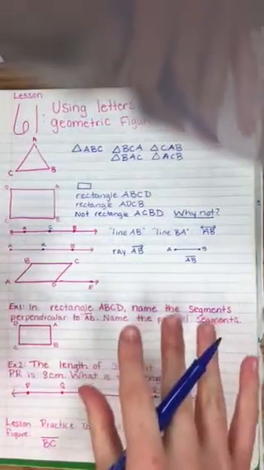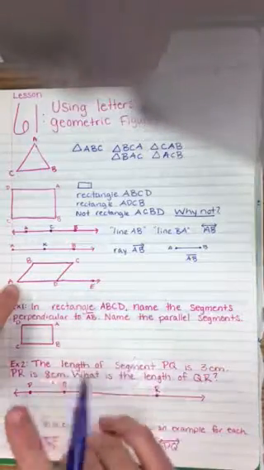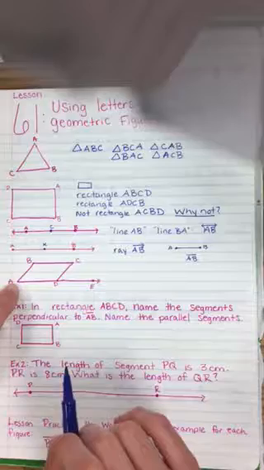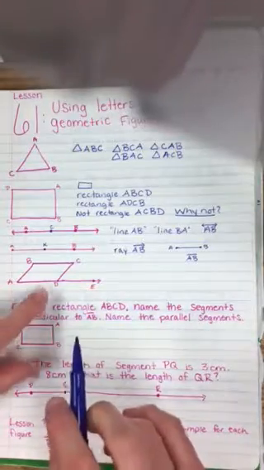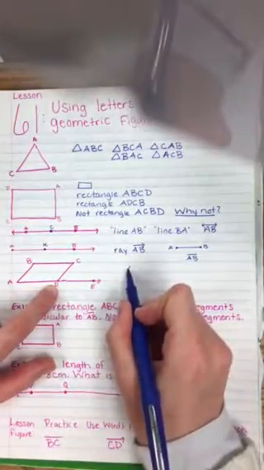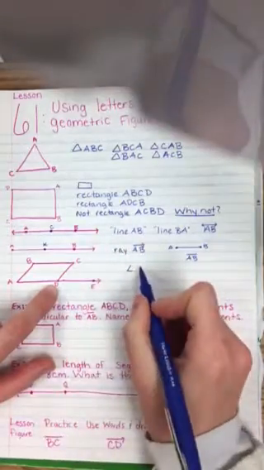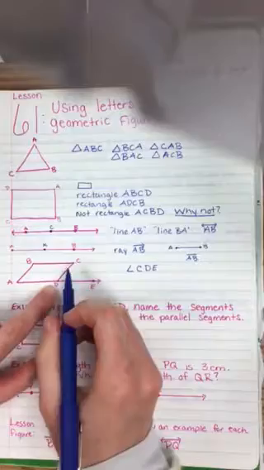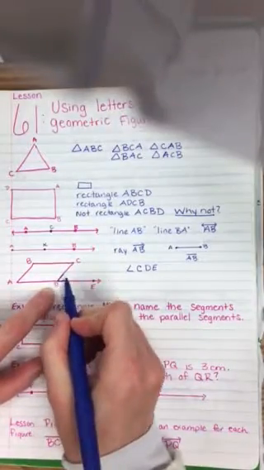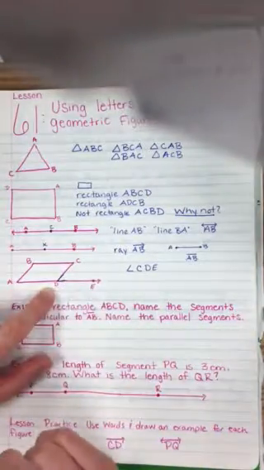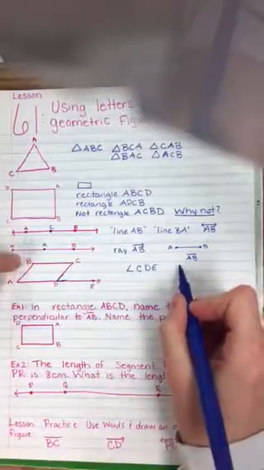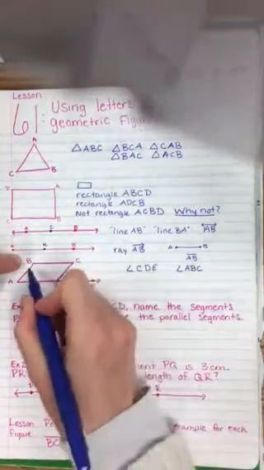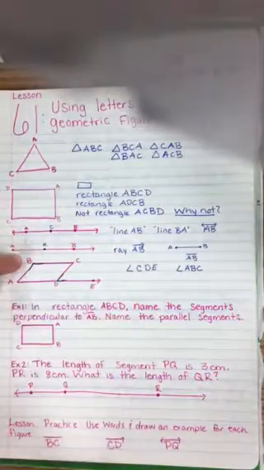So if you could call it vertex A, you could call it angle A. But if you wanted to say D, for example, you'd say angle, symbol for angle, CDE. And they would know that you're talking about this, CDE, okay? Or if you wanted to do that one, you could do angle ABC, and they would know that it was right here, okay?